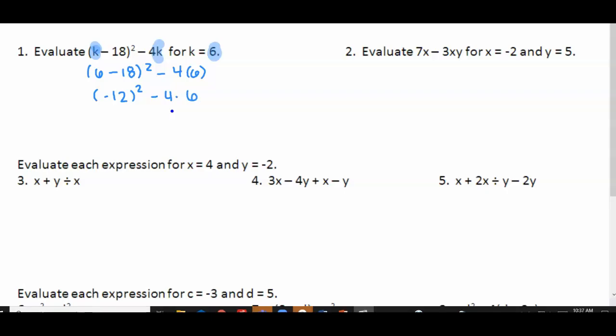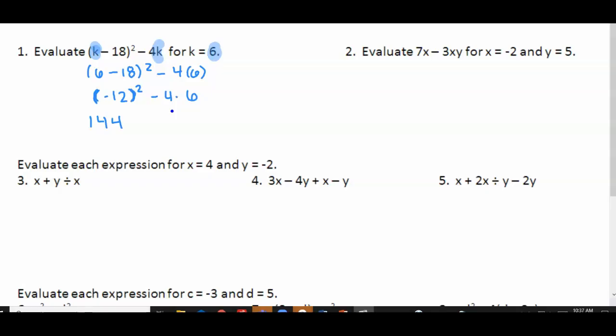Now, exponents come next. A negative times a negative is always a positive. So a negative 12 squared is a positive 144. If you used your calculators and got a negative, you did not put parentheses around the negative 12.